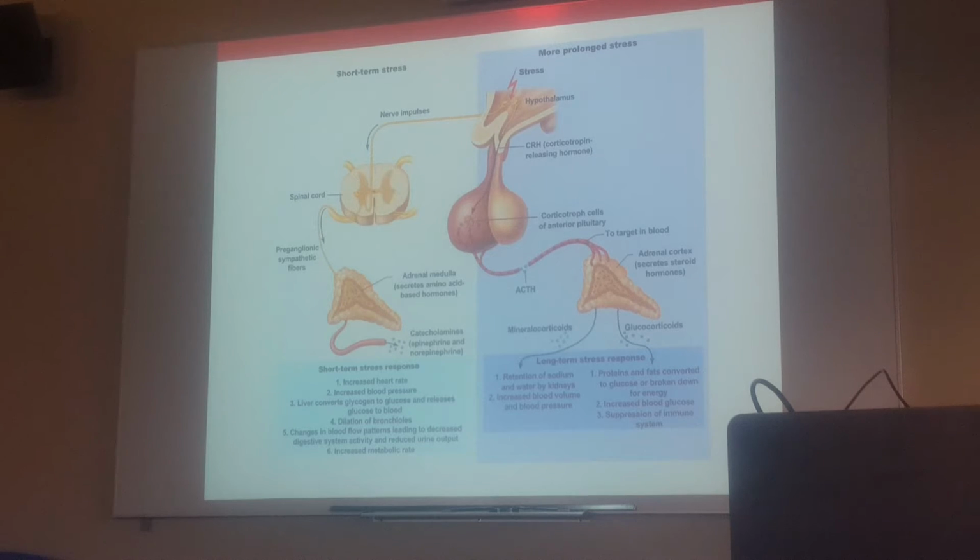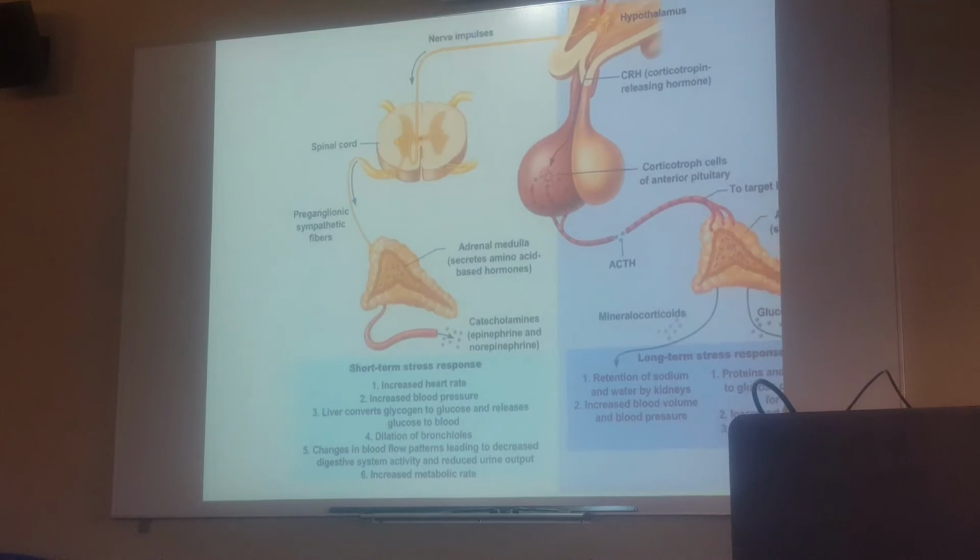When looking at the adrenal glands, you have to look at two different sides: an adrenal cortex and an adrenal medulla, okay? The adrenal medulla is going to be responsible for short-term stress, whereas the adrenal cortex is going to be related to more prolonged stress, and it happens to be related to how they're controlled, okay? So let's start with the short-term stress and looking at the adrenal medulla, okay?